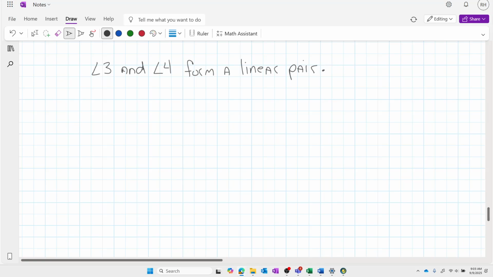All right, what's the sum of a linear pair? 180. Linear pairs are supplementary, right? They form a straight line.